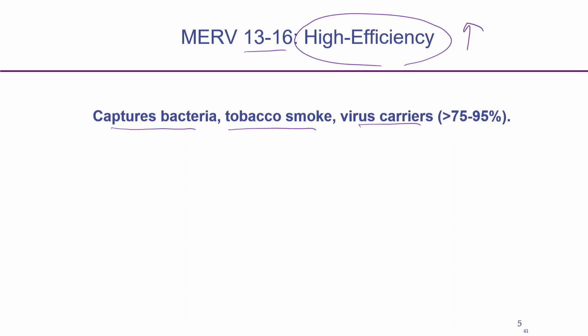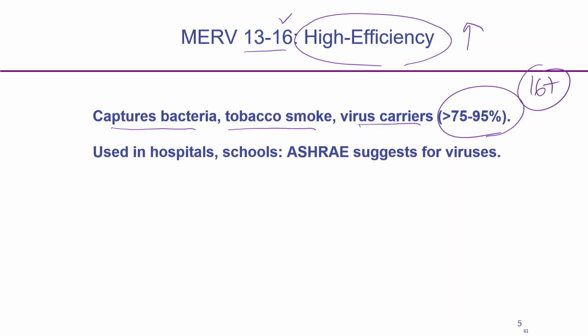Between 75 to 95% filtration efficiency we can achieve by using MERV 13 to 16. If we want to get cleaner, we have to go for MERV 16 and above, but between 13 to 16 it gives very good efficiency, used in hospitals, schools, and this is suggested for virus capture.